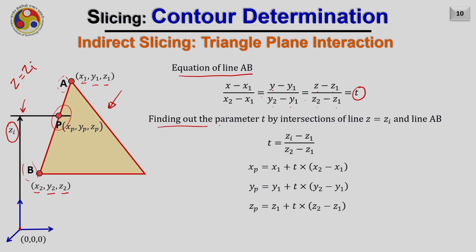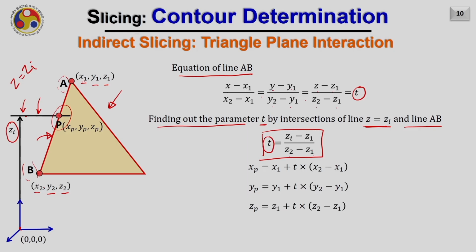Now we have to find the parameter t in such a way that we will be able to obtain the point P, and we know that this point P is common to this particular line and this particular plane. Hence, let us put z equals zi, the equation of the plane, into the equation of line AB, and what we get is t equals zi minus z1 divided by z2 minus z1.